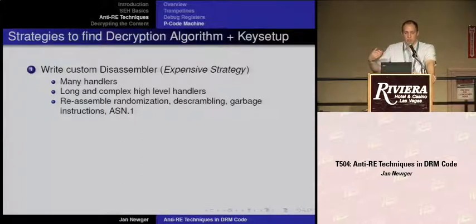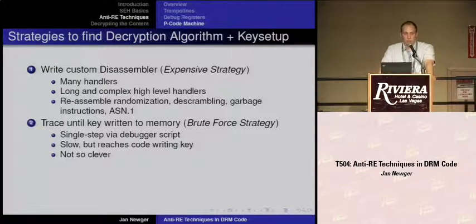So you would have to analyze all the complex high-level handlers up front in order to make a meaningful disassembly. And for the disassembler to work, we would also need to reimplement the randomization, the descrambling of opcodes, the garbage instructions, and ASN1 parsing. So that's really kind of expensive.